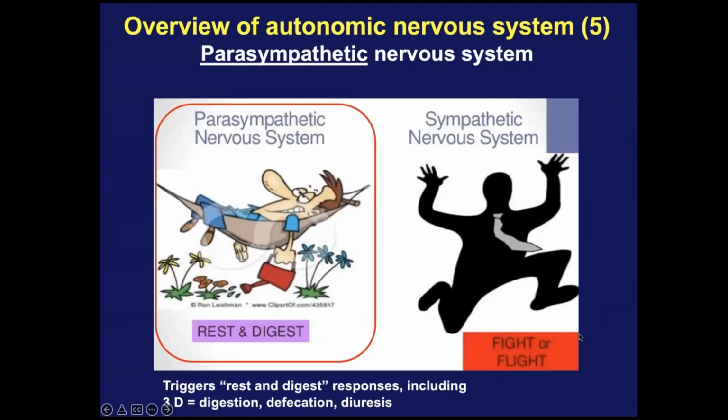In contrast to the fight or flight responses of the sympathetic nervous system, activation of the parasympathetic nervous system triggers the rest and digest responses, such as digestion, defecation, and diuresis, which collectively are called 3D.